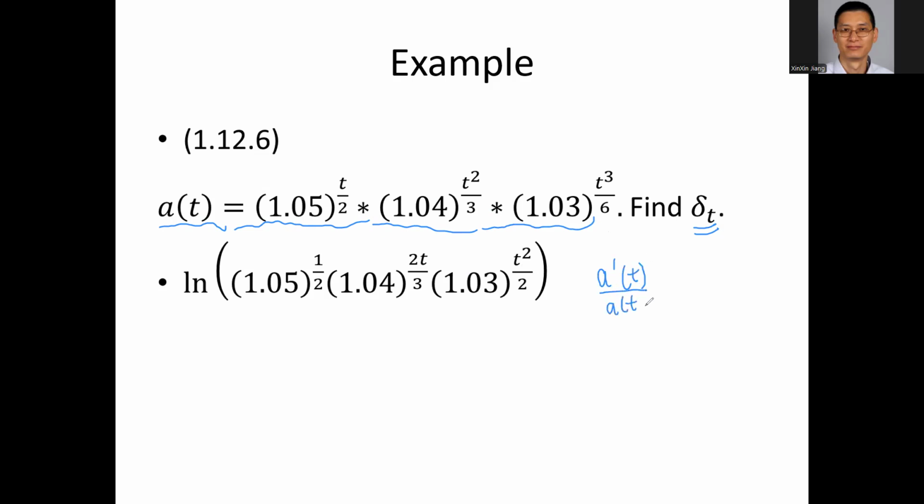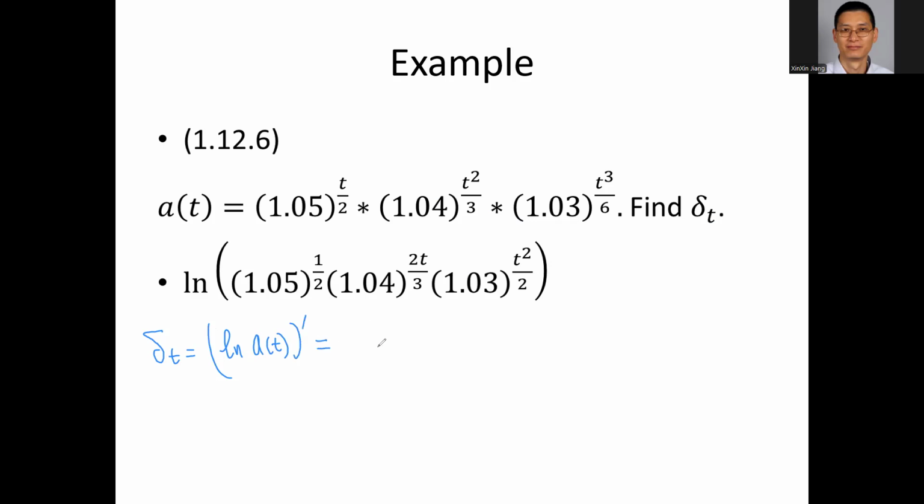That's actually quite complicated because you have a product of three terms and you differentiate them. It's unnecessary to do that. So let's use the log function. So delta t equals the derivative of log of a of t.